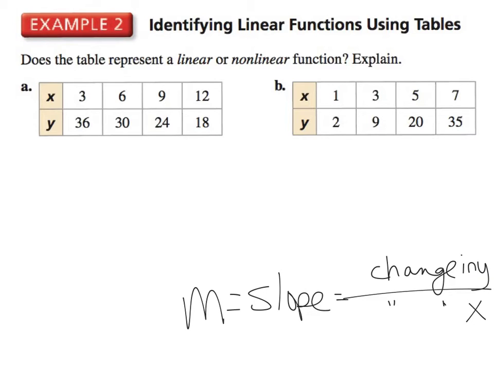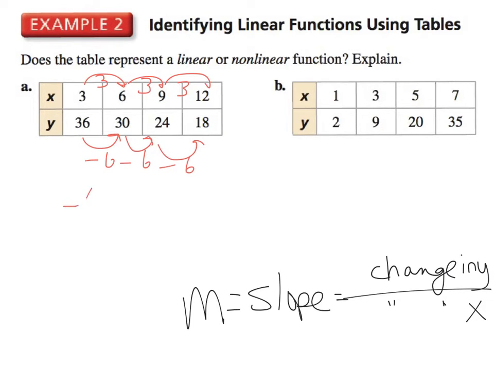So we look at A, the change in y. It drops by 6, drops by 6, drops by 6. Your change in x increases by 3, increases by 3, increases by 3. That means as x increases by 3, y decreases by 6.